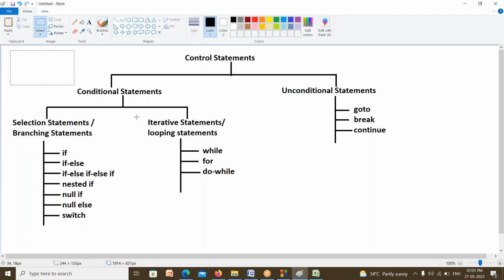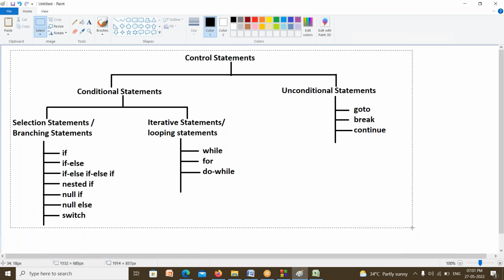These are the control statements used to control the flow of execution.